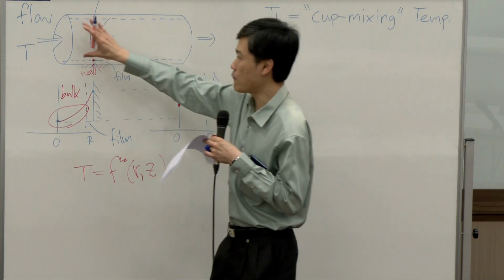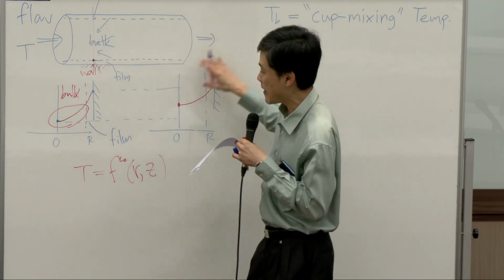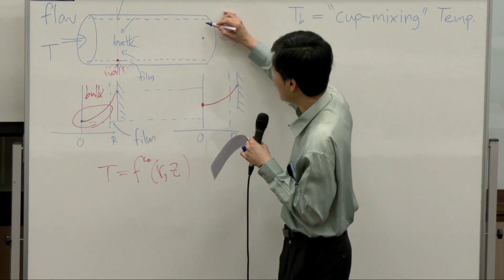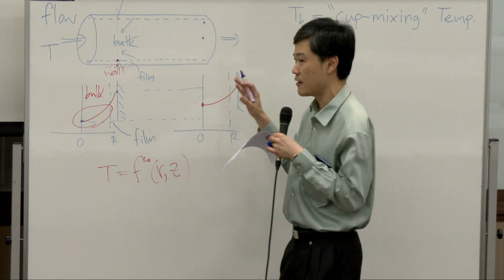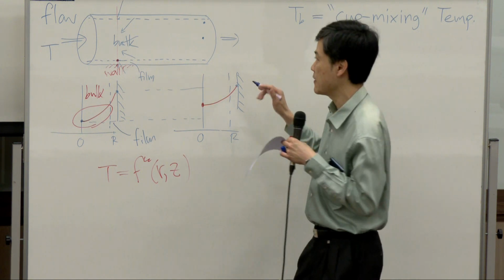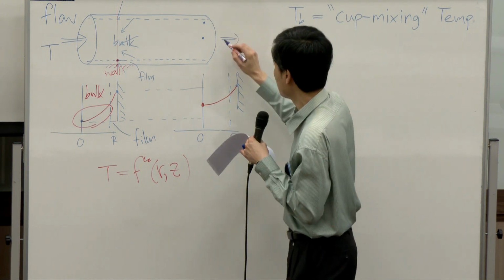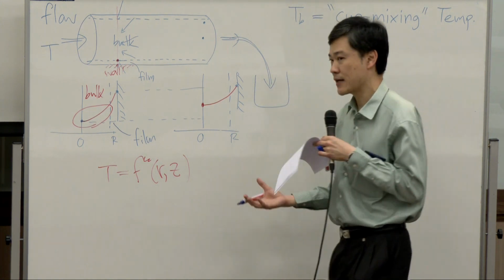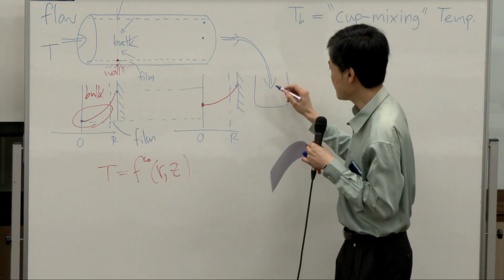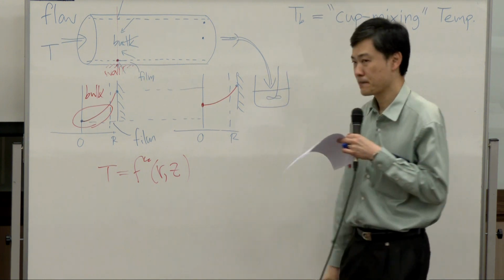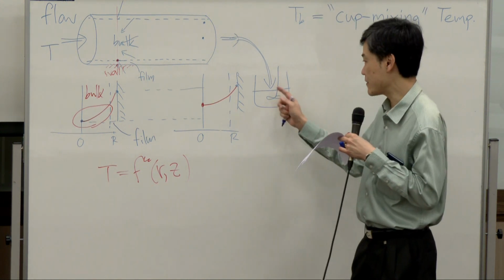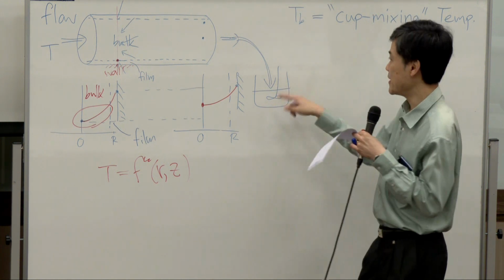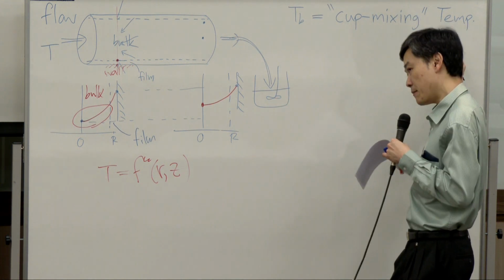Let's say you have hot water going out of the pipe here, and you have to realize that temperature at the center and temperature near the wall are not the same, they're different. But if you somehow take the water here, collect it in the cup, and stir it constantly so that temperature of liquid within this cup will be uniform, this is the definition of cup mixing temperature.